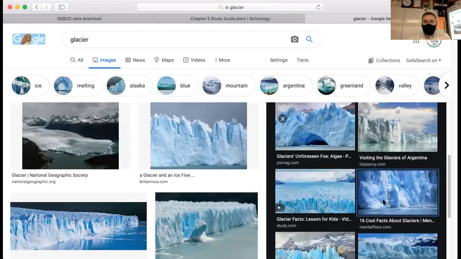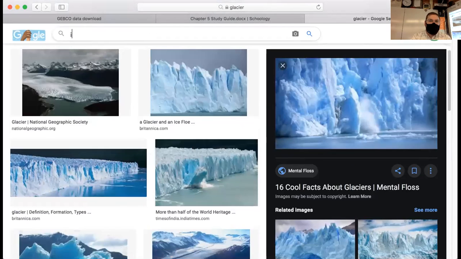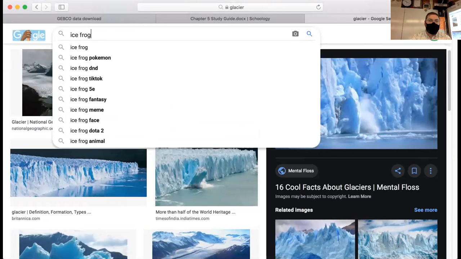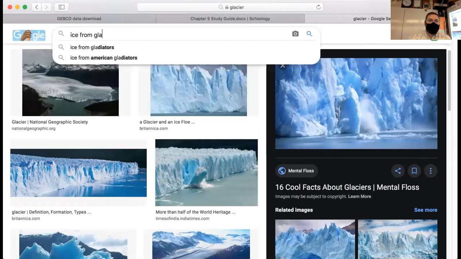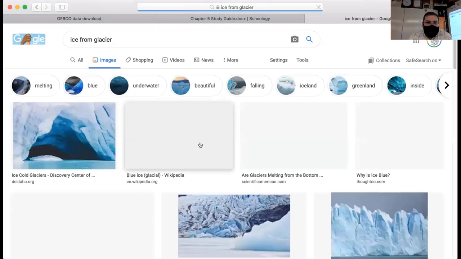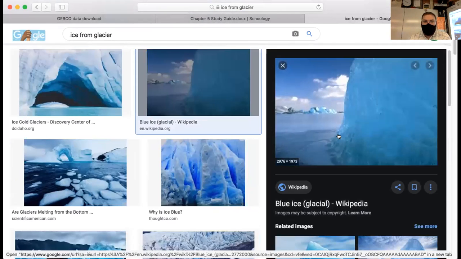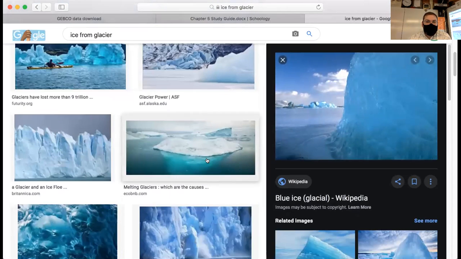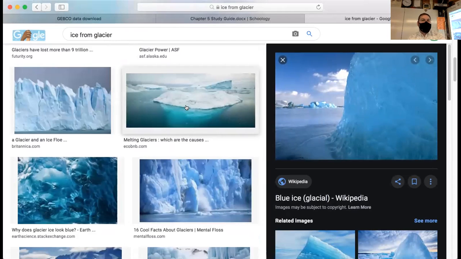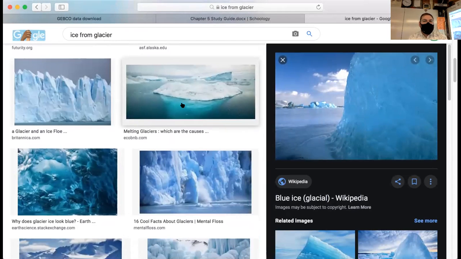Does that make sense? Yeah, like this, like blue ice. So it's densely packed ice at the base of the glacier. A lot of times when the iceberg does form, the greater density stuff is down at the bottom, and the lower density snowy stuff is at the top.